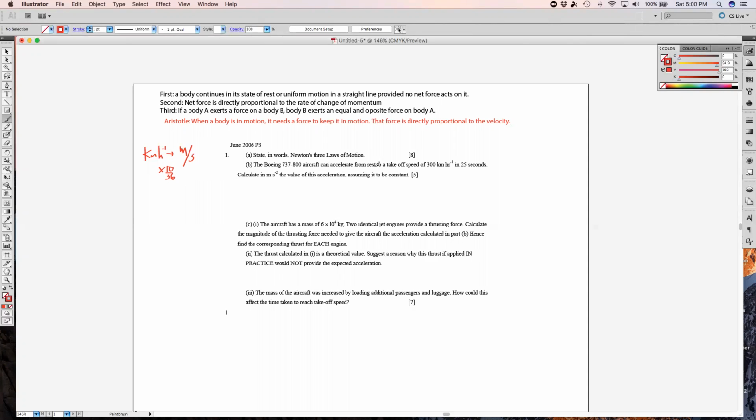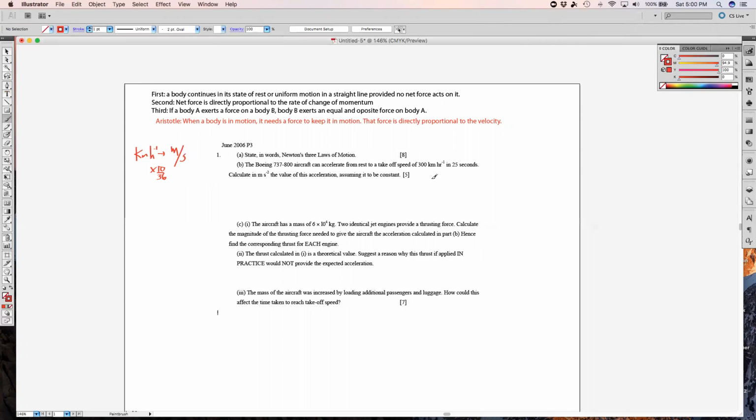So 300 kilometers per hour times 10 over 36 is 3,000 over 36, which is 83.3 meters per second. Double check: 300 by 10 divided by 36 equals 83.3.